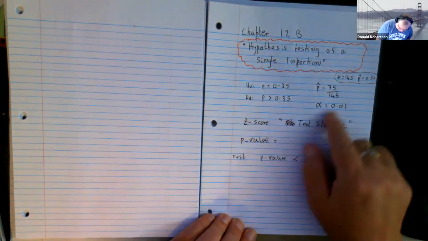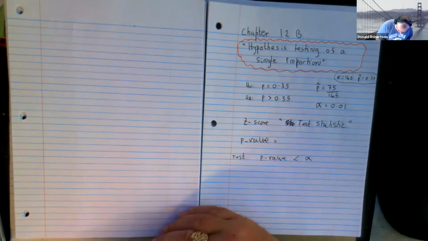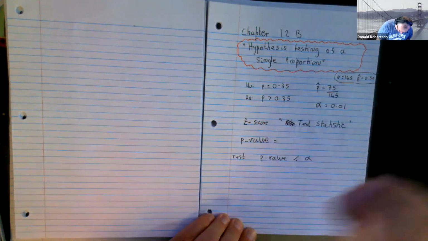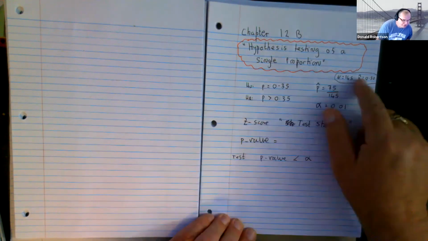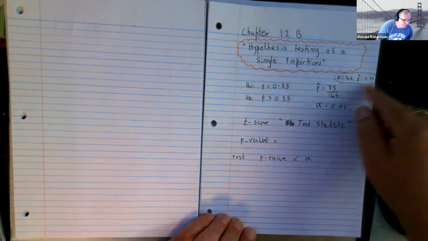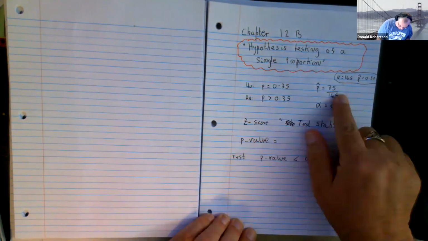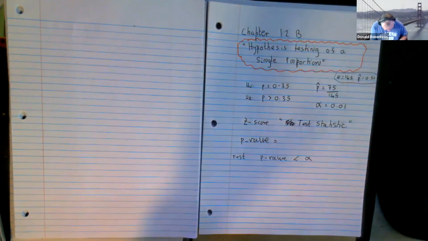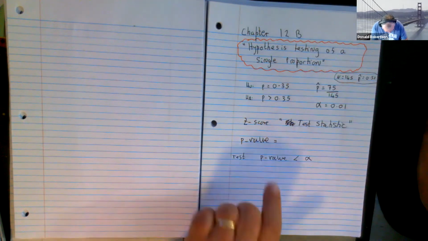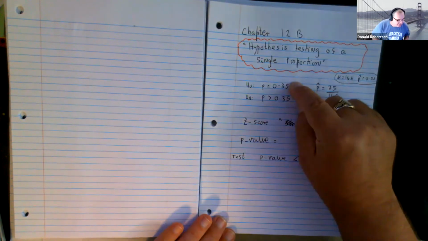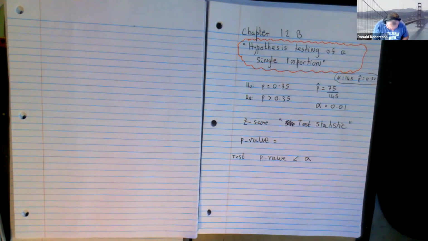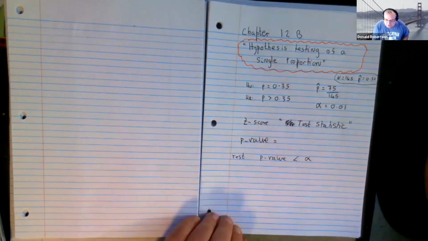So we asked 145 married couples when they were married, and 52% of them got it right. So 75 out of 145 got it correct. So we are going to see whether that is evidence to prove that people are getting better at remembering when they were married.